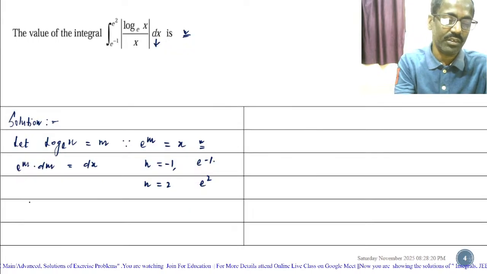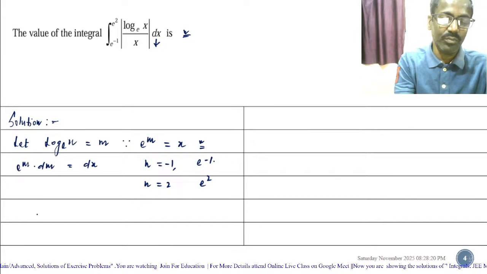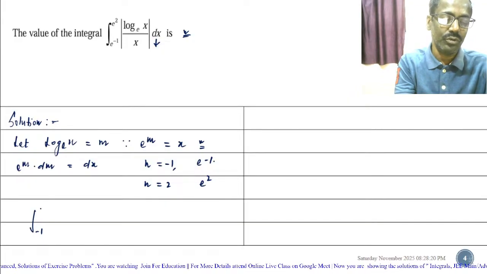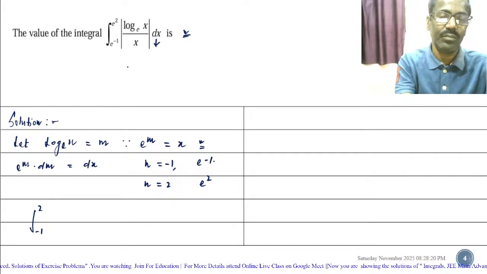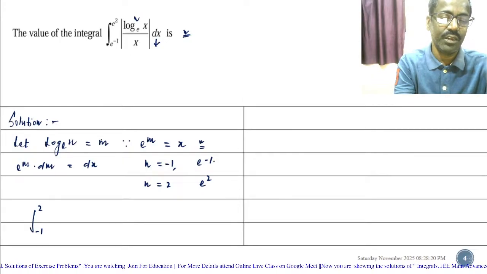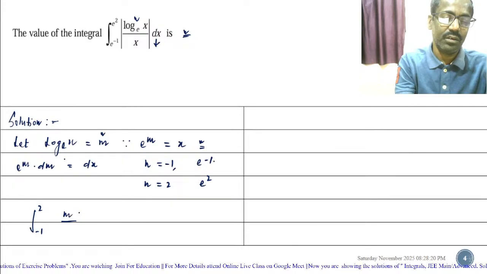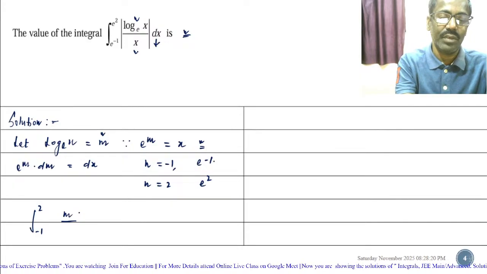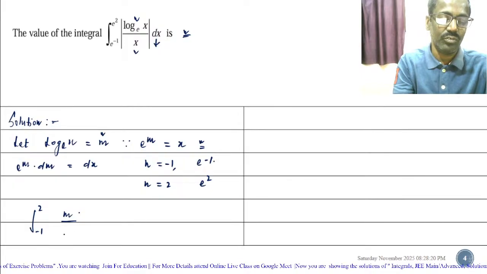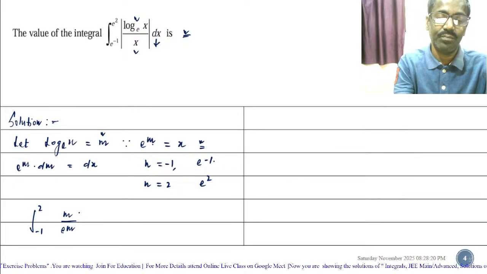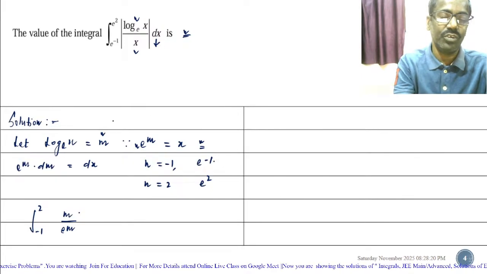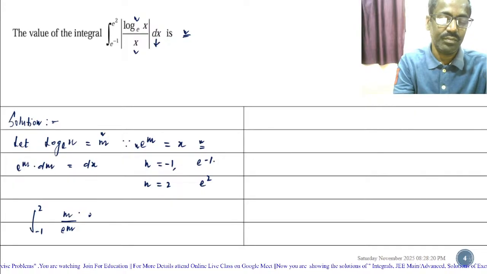So the form of the question will be, from minus 1 to 2, for m we write m, for x we write e to the power m, and for dx we write e to the power m into dm.